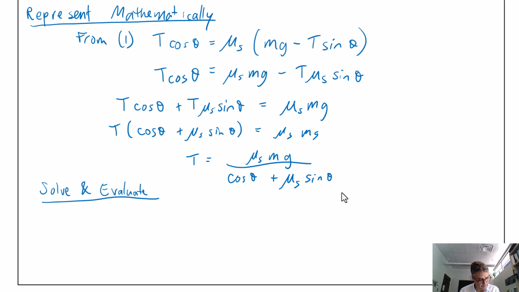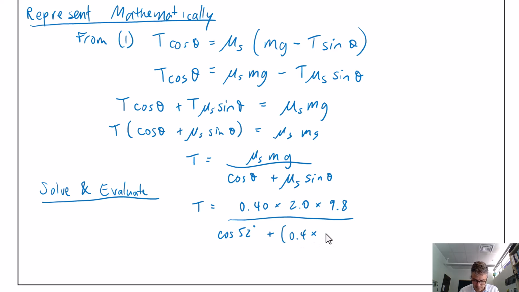So mu sub s is 0.40, multiplied by the mass, which is 2.0 kilograms, multiplied by g, which is 9.8, divided by cosine of 52 degrees plus 0.4 times the sine of 52 degrees.